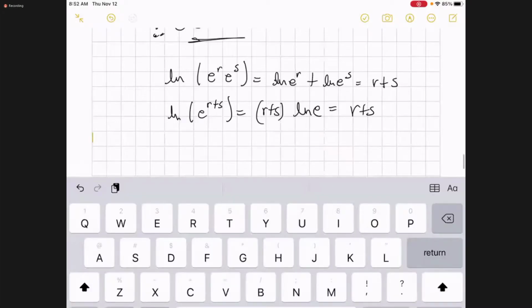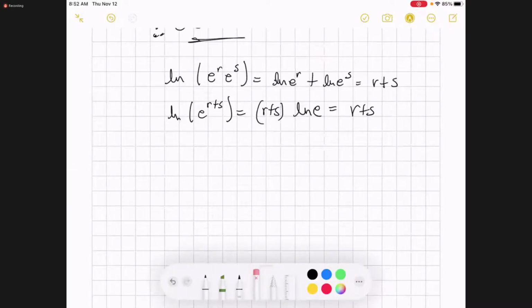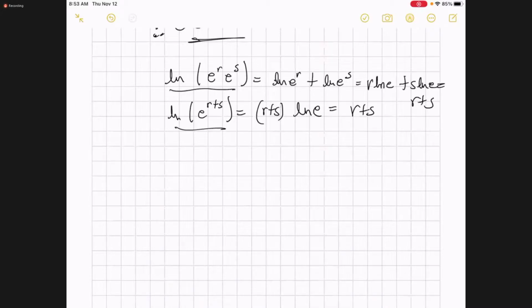Okay, and I left a step out here in the previous thing. Let me put it in. So bringing the r down, I've got r ln of e plus s ln of e, but ln of e is 1. So that's r plus s. So the natural log of e to the r times e to the s is the same thing as the natural log of e to the r plus s.